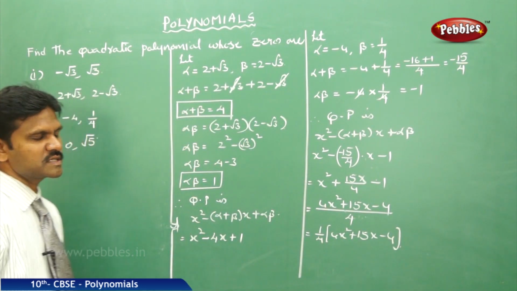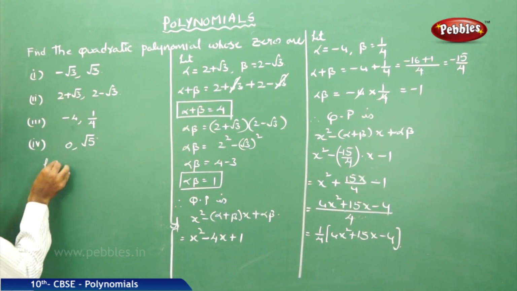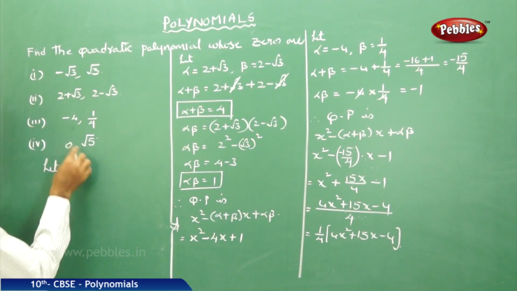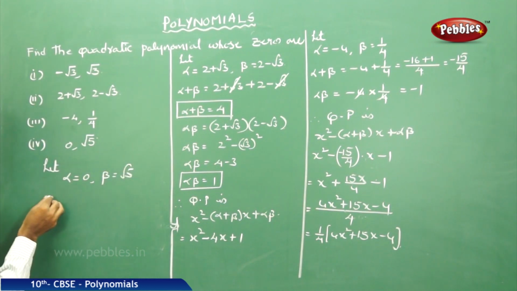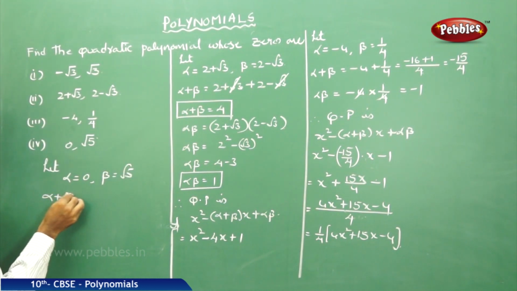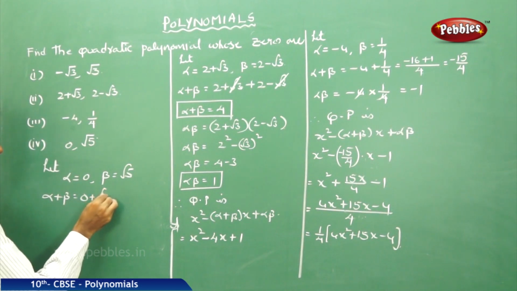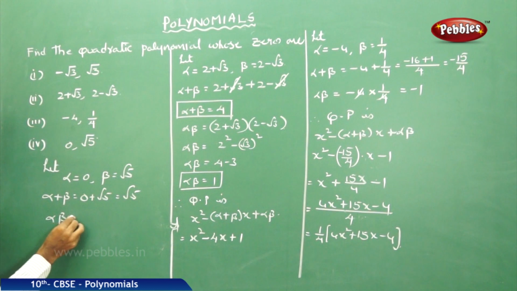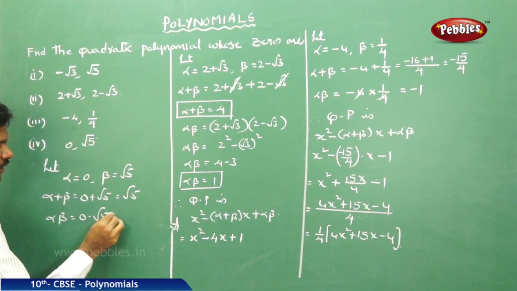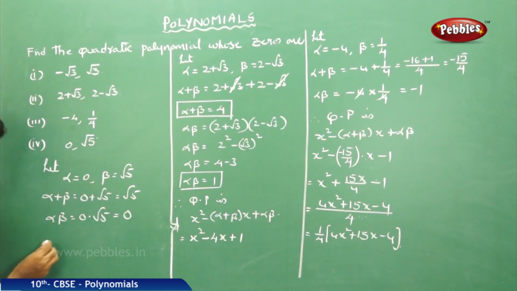Okay, let us see the fourth example. Let alpha be equal to 0, beta equal to root 5, that is alpha plus beta is equal to 0 plus root 5, which is equal to root 5. Alpha beta is equal to 0 into root 5, which is equal to 0.